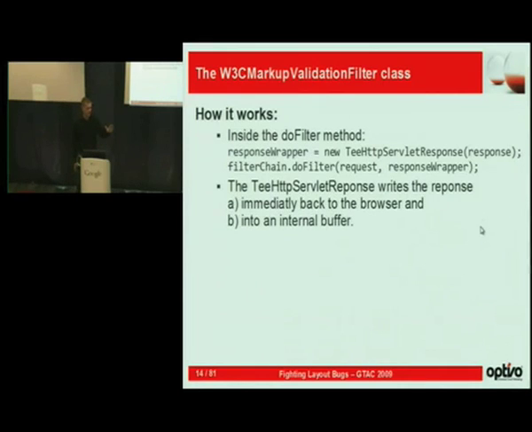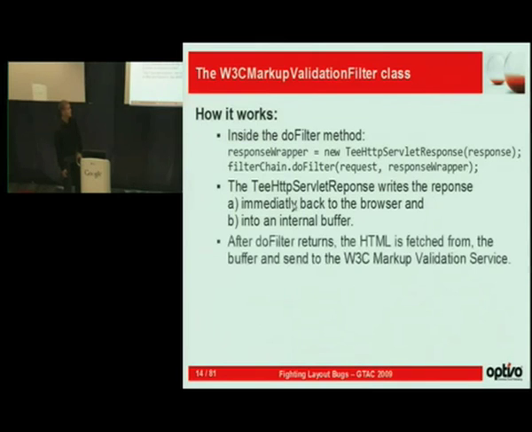So the HTML goes into the browser as fast as always. And the second thing is, that's why it's called a buffering HTTP servlet response, it buffers the response in an internal byte array. And when the doFilter method returns, the browser has the whole response and can do its rendering stuff and so on. But I also have it in my buffer.